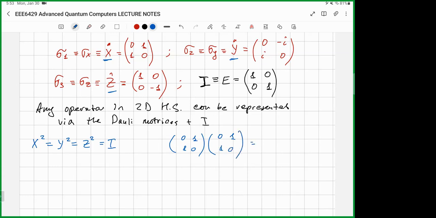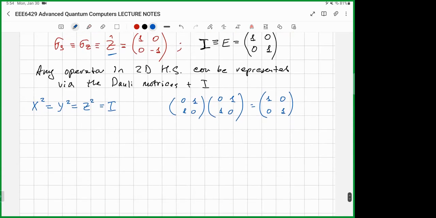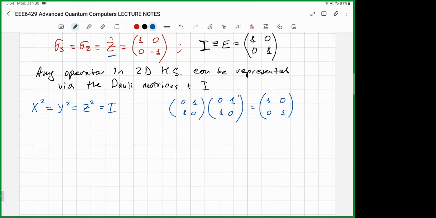When you take the product of these two matrices, you will get 1 here, 0 here, 0 here, 1 here. So this is the identity matrix. Why is it important? Because this means that the X, Y, and Z operators are unitary.